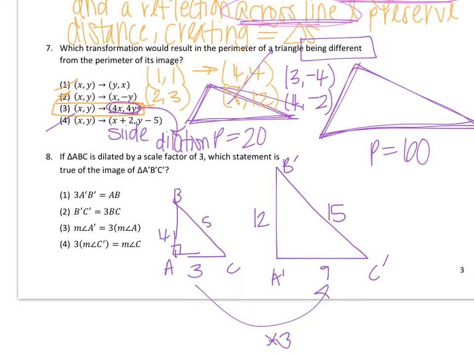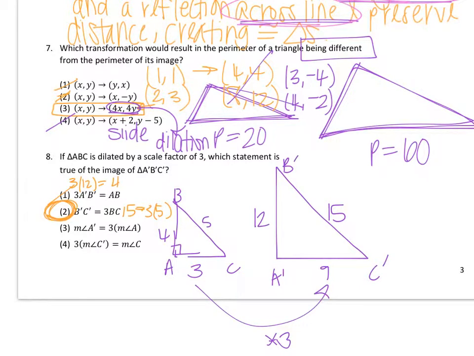So looking at our choices here, we have 3 times A prime, B prime, so 3 times 12 is equal to AB, 4. Well, clearly this is not true. 3 times 12 is not equal to 4, so choice 1 is out. B prime, C prime, so 15, is equal to 3 times BC, which is 5. 3 times 5 is 15, so this should be true.